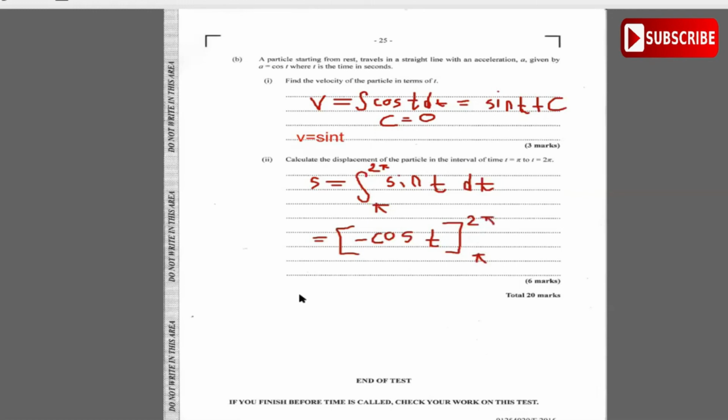So you plug in 2 pi first. So the cosine of 2 times pi, plugging in 2 pi, we're getting minus 1, minus, when you plug in pi now, you're getting the cosine of pi.